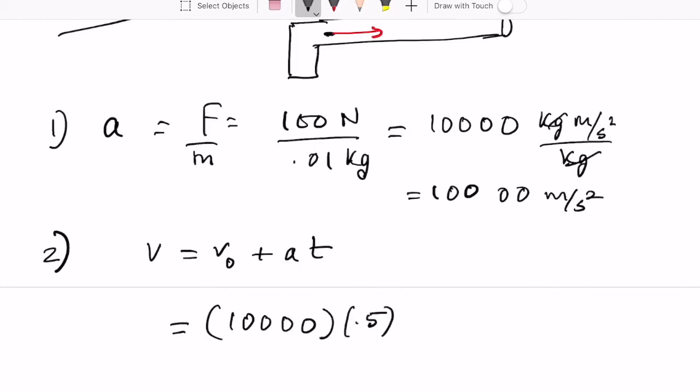This is meters per second square, and this is seconds, so the answer is going to be 5,000 meters per second.